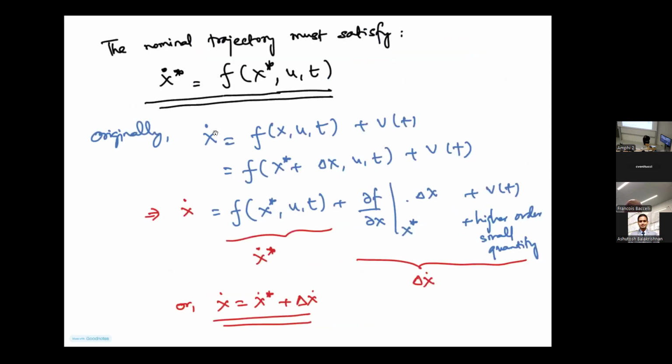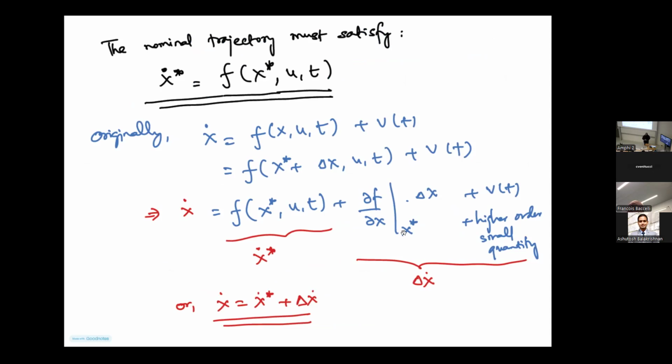And the idea is that x dot was the initial expression. If I replace x with x star plus del x, we observe that the state equation can now be represented in this fashion, where now you have the Jacobian at x star.